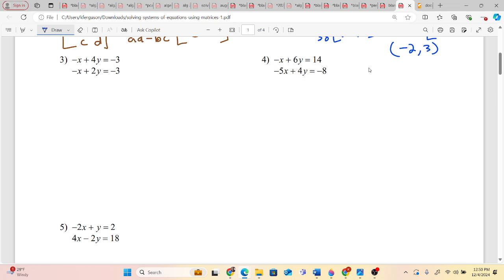So we just did this, but let's do it again. So I'm going to have negative 1, 6, negative 5, and 4 times x and y equals 14, and -8.